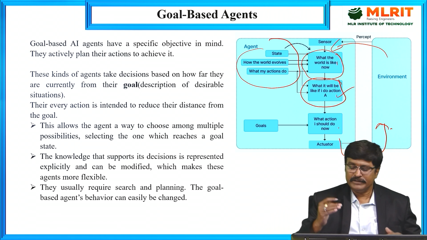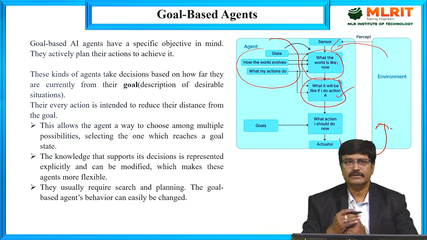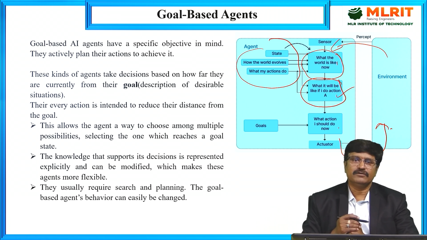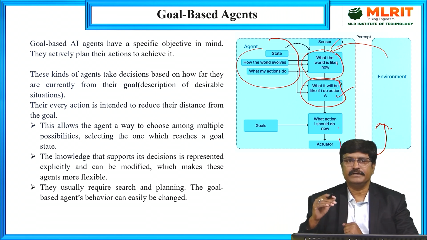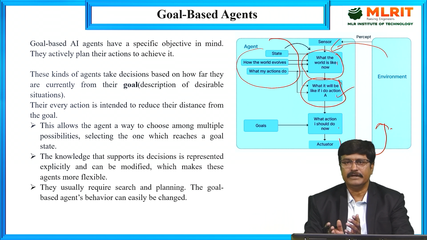So whatever the action, it is about how best you can reduce the distance. This allows the agent to choose among multiple possibilities, selecting the one which reaches the goal state. It identifies the various possible ways, and which one is the best way to reach the goal.